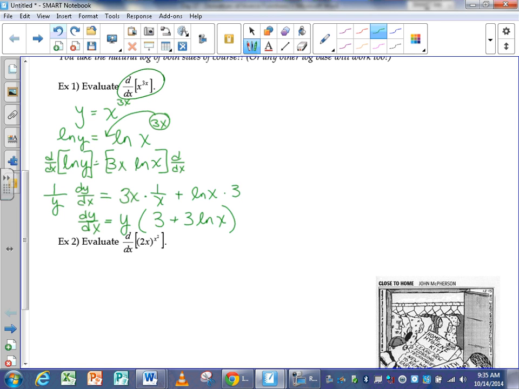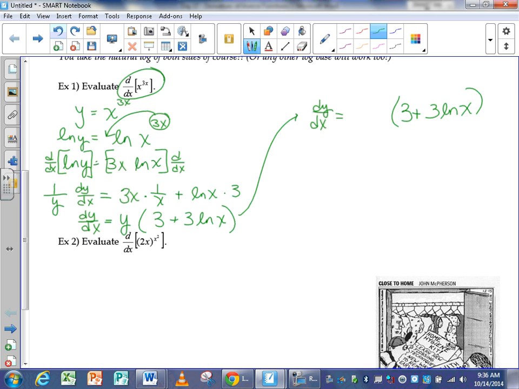We were told to take the derivative with respect to x of something in terms of x. So there's usually an implied idea here that we want our answer to be all in terms of x. So our derivative dy dx is y times this stuff. But it says y. I don't want to write y.